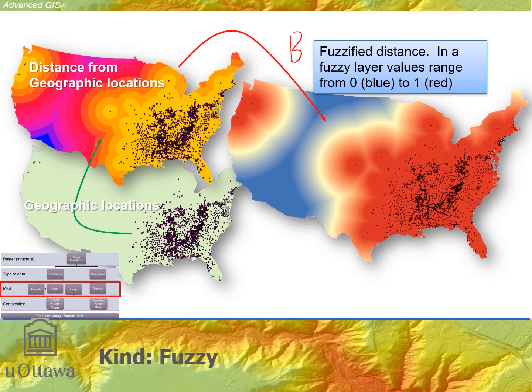Here, the likelihoods range from 0, which is blue, to very dark red, which is 1. That's a value of 1 there. And this data is something you'll be doing in one of the exercises this particular year.